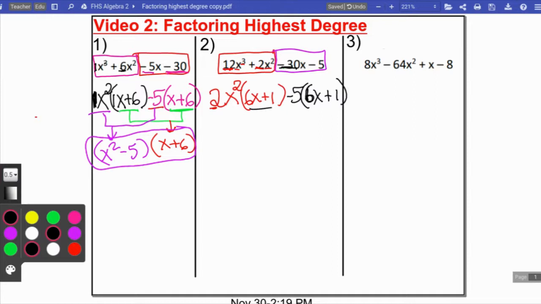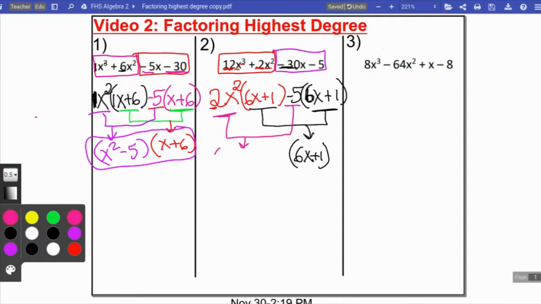And if you look right here, that is always the same thing as that. So let's rewrite it over here: 6x plus 1. Then you take the leftover with this leftover and rewrite them over here, which is 2x squared minus 5. And we are done.